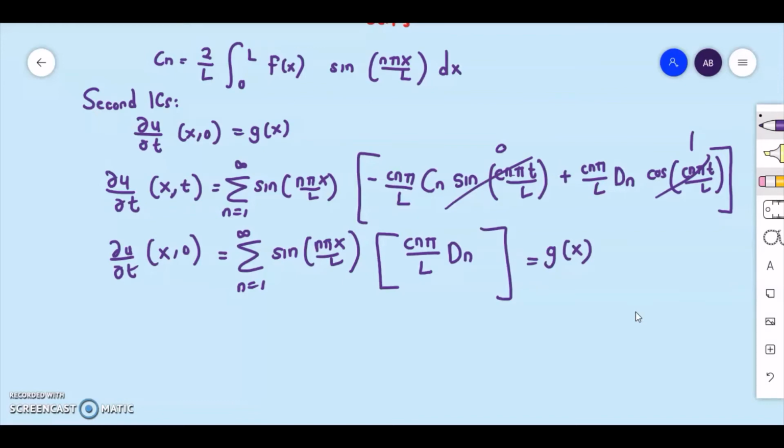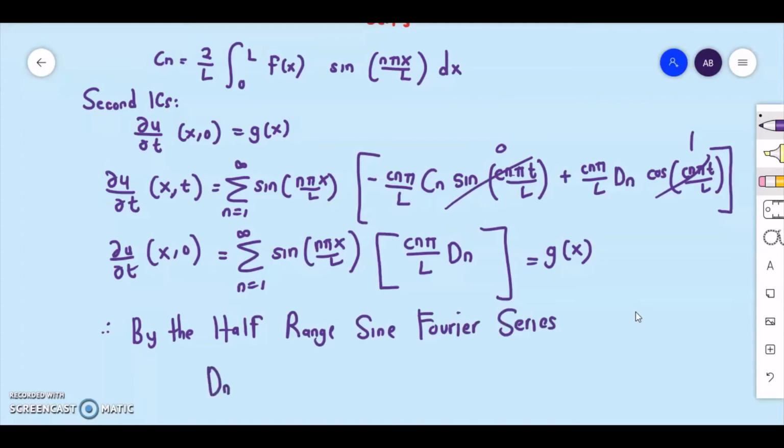We know what g(x) is. Similarly, by the half range sine Fourier series, you know that d_n is given by 2 over cnπ, integrate from 0 to L, g(x) sine(nπx/L) dx. Okay, so that's my solution.